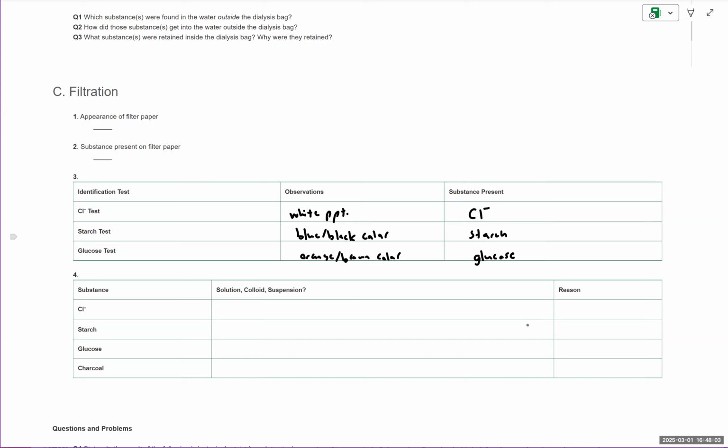In terms of the appearance of the filter paper, we can see it has a black/dark color, and the substance present on the filter paper is the charcoal. In terms of identifying each substance as a solution, colloid, or suspension, I will leave that for you to assign based on the experimental results and observations we've collected together.